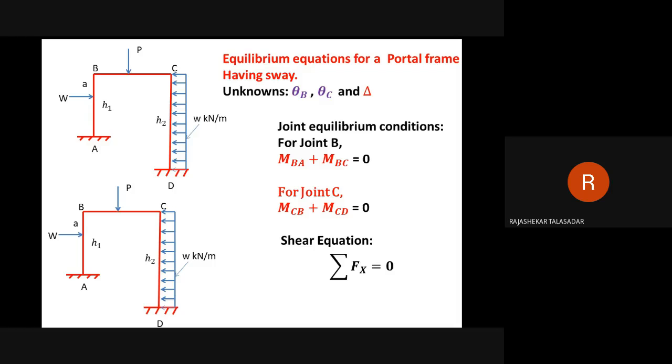So now to write the shear equation, as there is a horizontal loading, you need to write the horizontal reactions. Let us assume HA is the horizontal reaction at A and HD is the horizontal reaction at D. Because you want to write sigma Fx equals 0 for the whole frame, you need to write the actions, meaning the already given loading, plus you need to find reactions in the x direction.